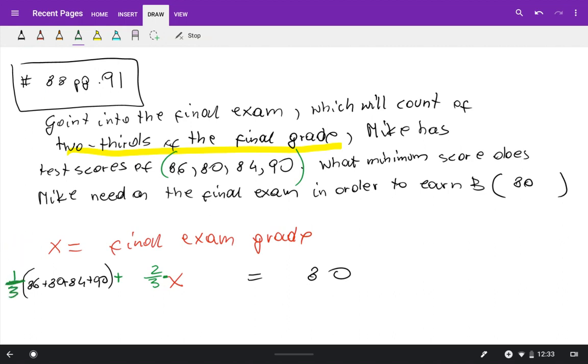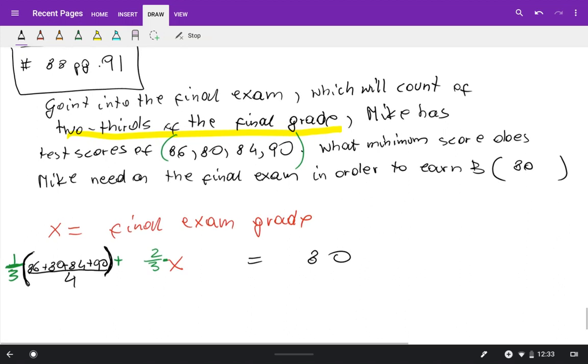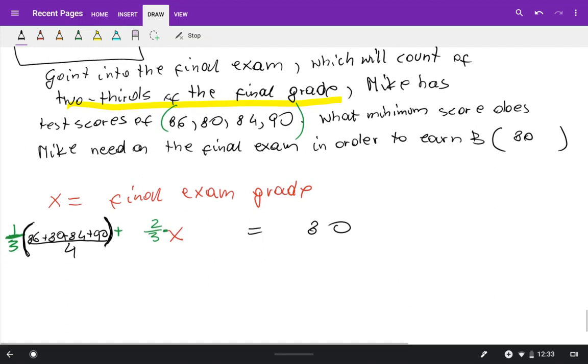With those tests, you need to take the average, because that's how you calculate your grade. You had 4 tests and you want the average of those 4 tests, so we divide by 4. We need to figure out what X is. Hopefully that makes sense, how I created that equation. His final exam multiplied by 2/3, plus the average of the 4 tests, which represents 1/3 of his final grade. So we're going to simplify those fractions.